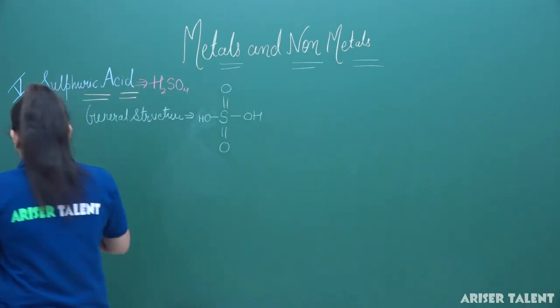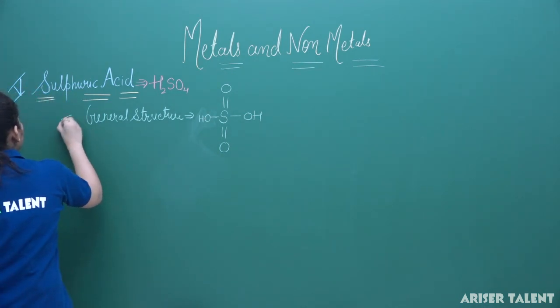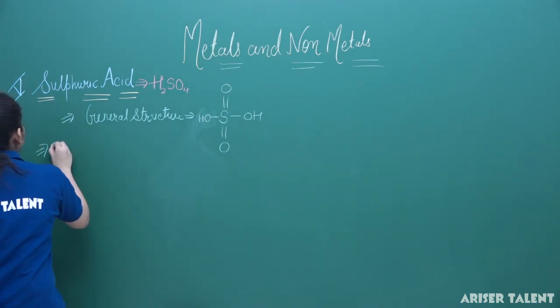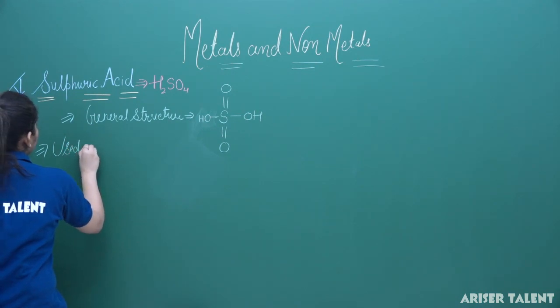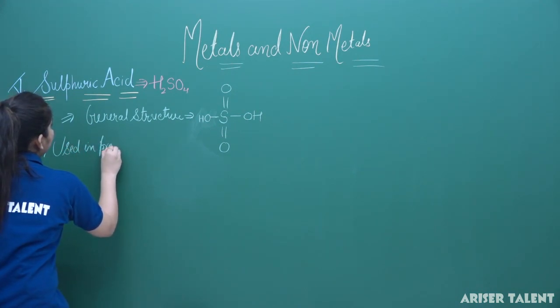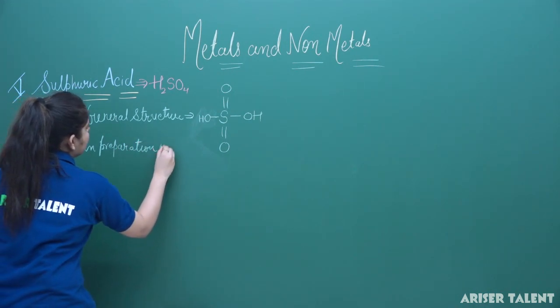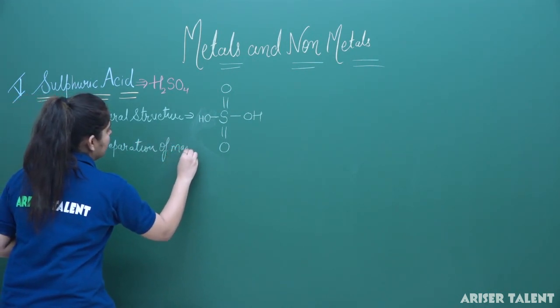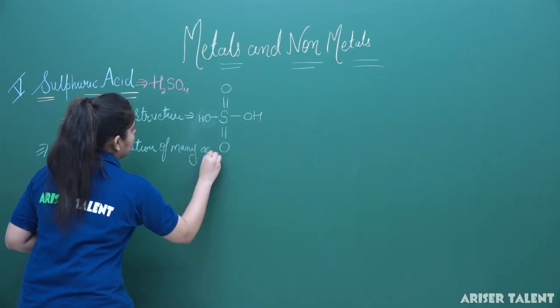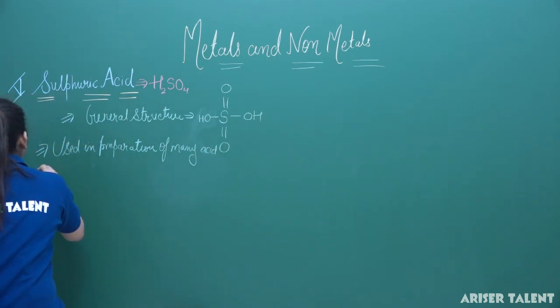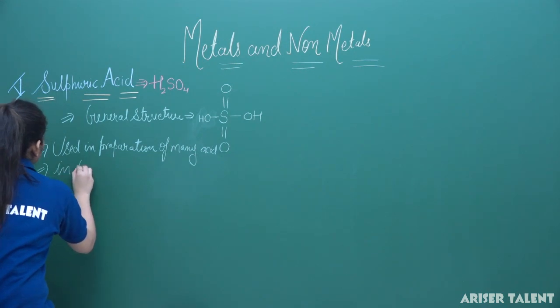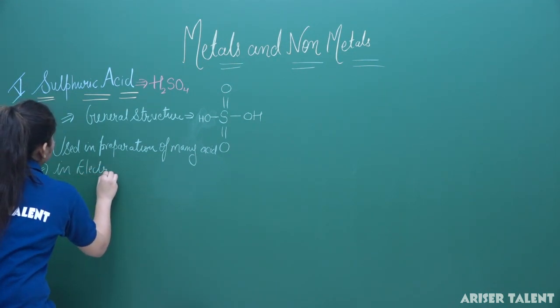So firstly, sulfuric acid is used in the preparation of many acids. Secondly, in electroplating.